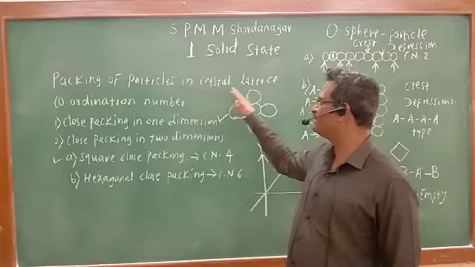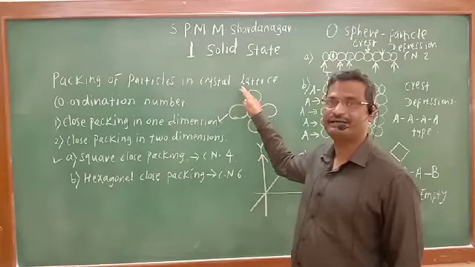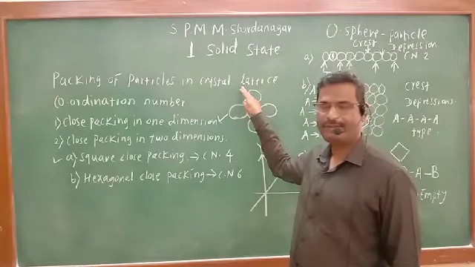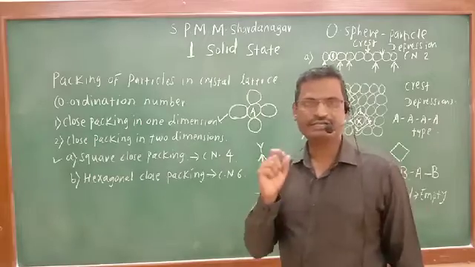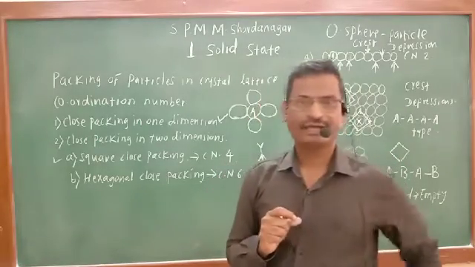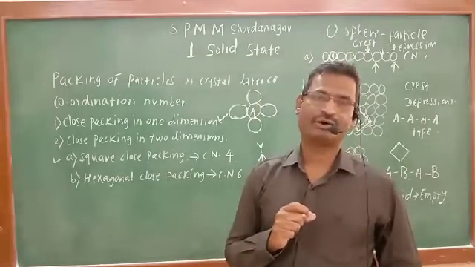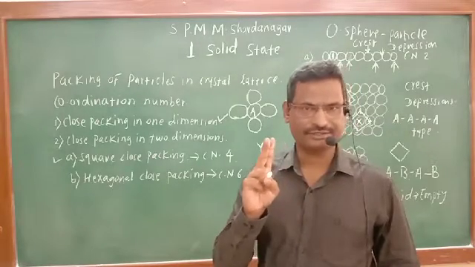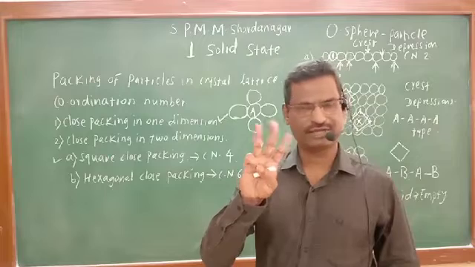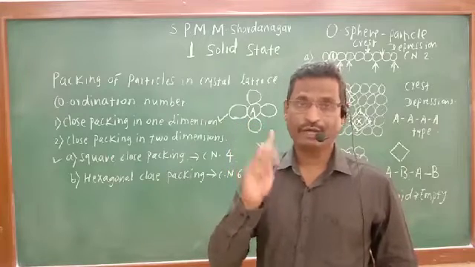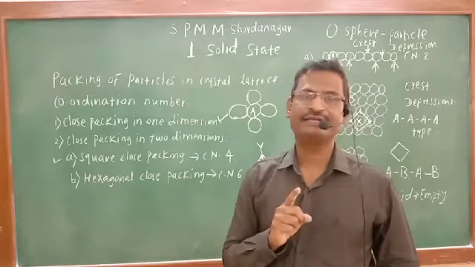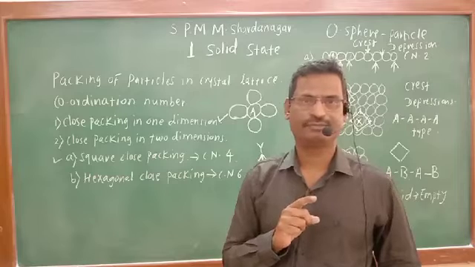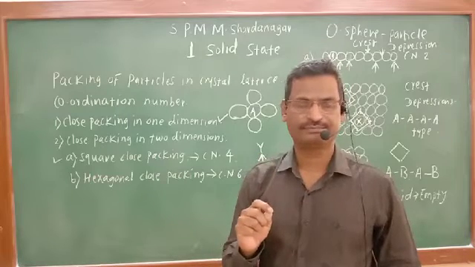Packing of particles in crystal lattice. We know constituent particles in the crystalline solid are either ions or atoms or molecules that we have studied. Whenever charged ion is a constituent particle, it is known as ionic crystal.